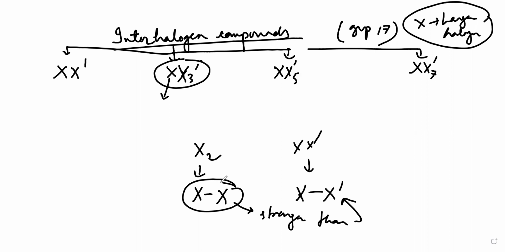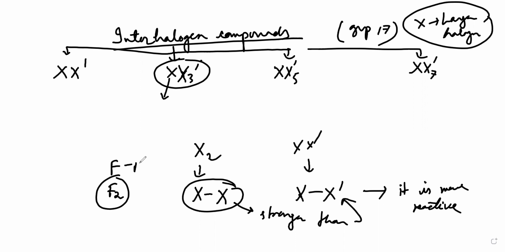So that is why interhalogen compounds are more reactive, except fluorine, where F2 is unstable.